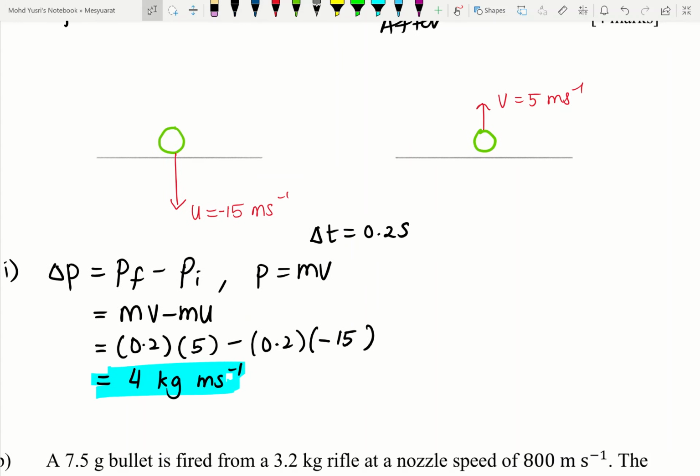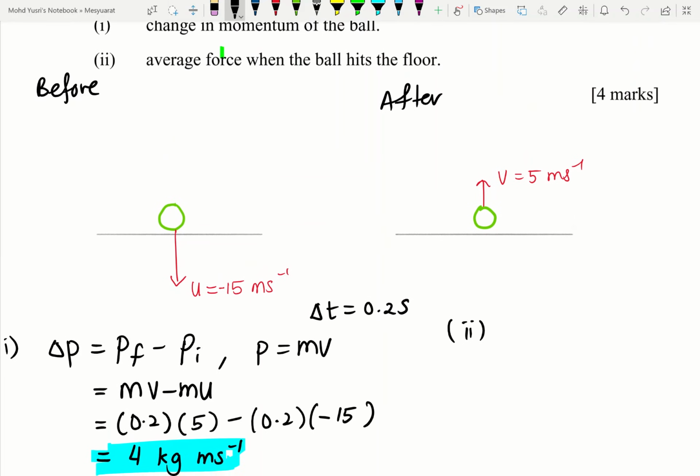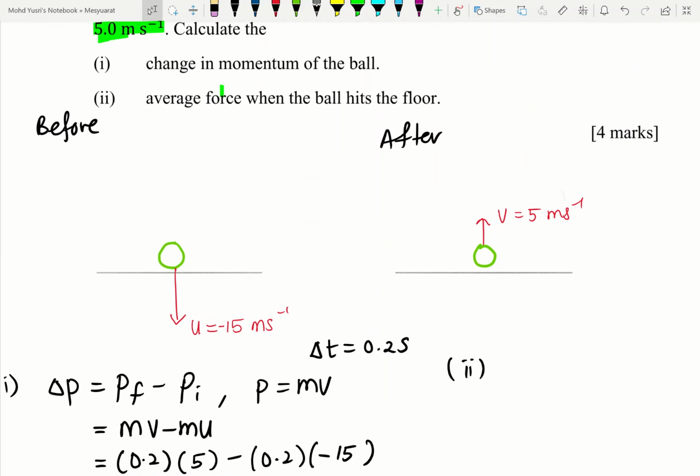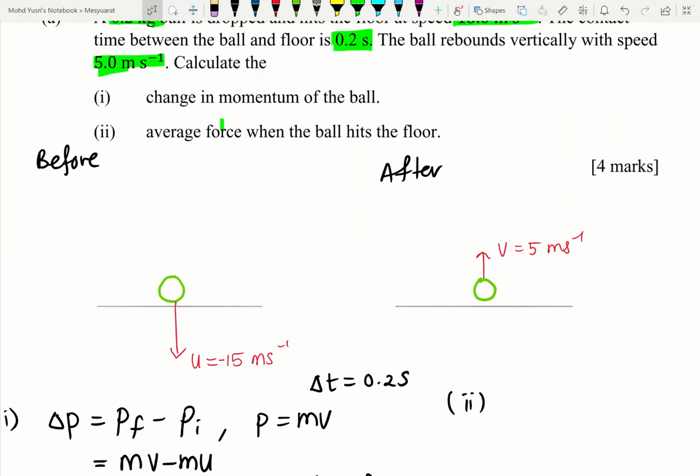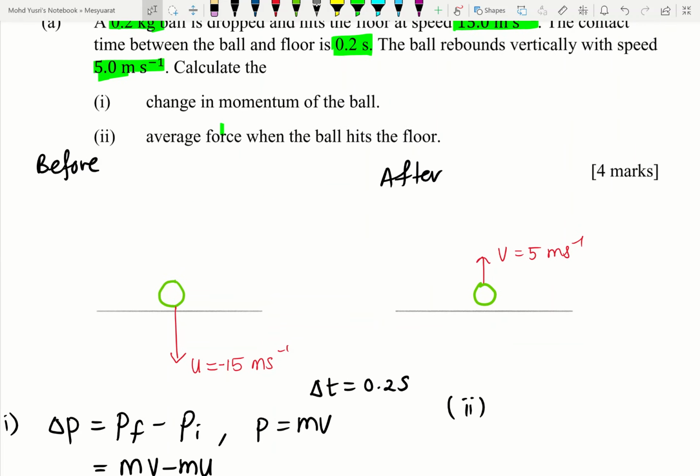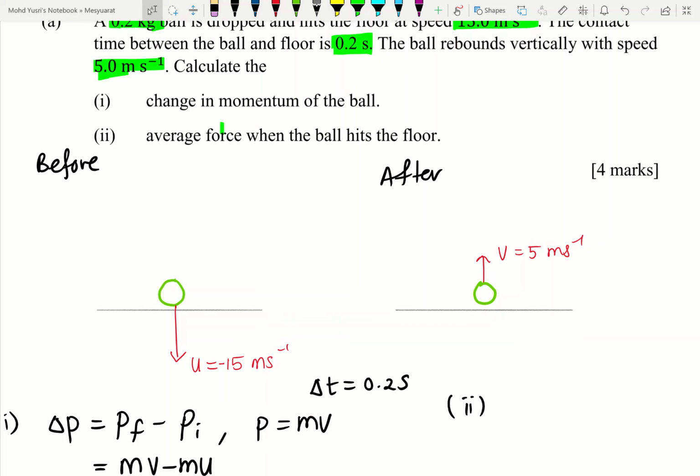Now for question 2, calculate the average force when the ball hits the floor. So when the ball hits the floor, the floor exerts a force on the ball.